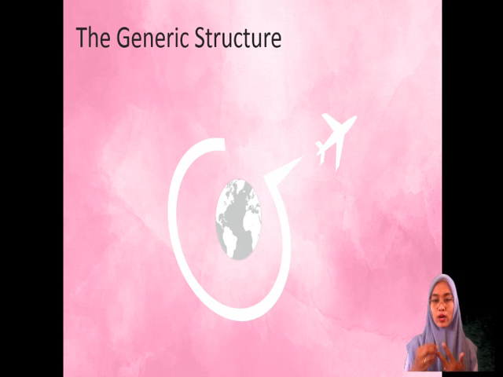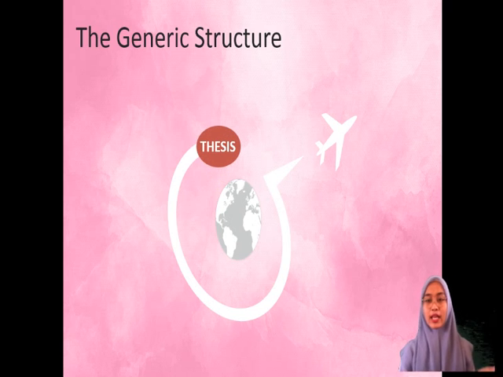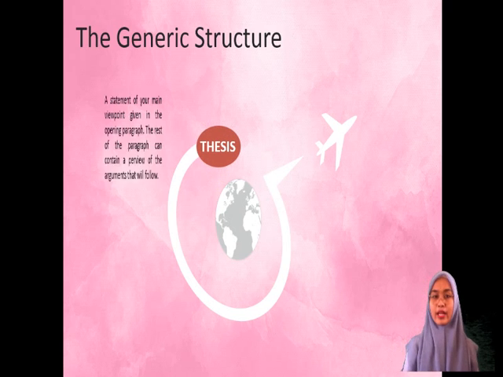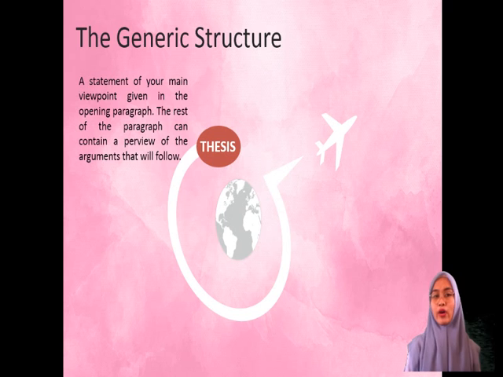I explain to you one by one. The first one, thesis. Thesis is a statement of your main points given in the opening paragraph. Thesis is usually in the first paragraph. The rest of the paragraph can contain a preview of the arguments that will follow.